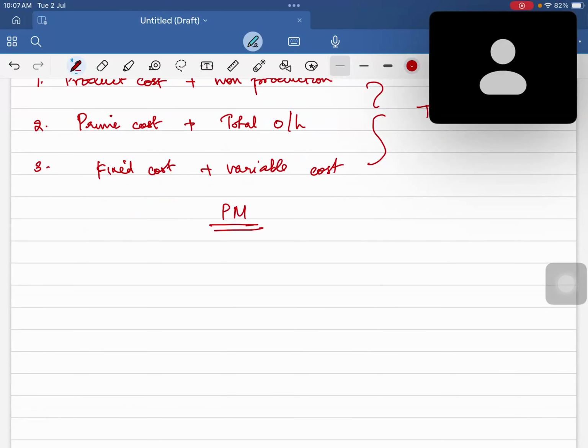So what is the objective of costing, or what is costing? Tell me what is costing in your own words. Well, costing is to determine the cost, how much you're going to have to incur while you produce your product, right?